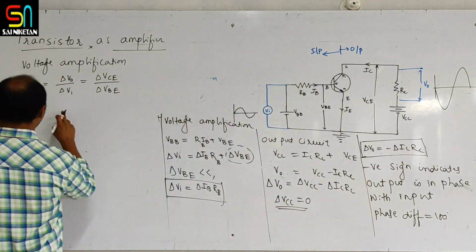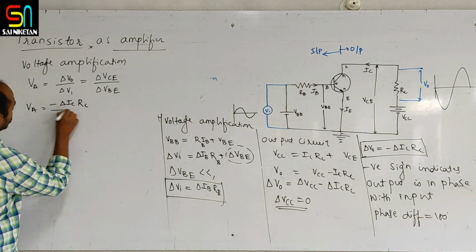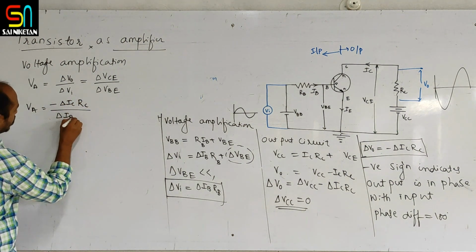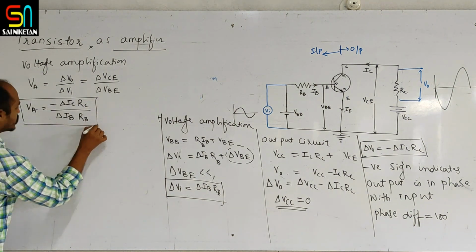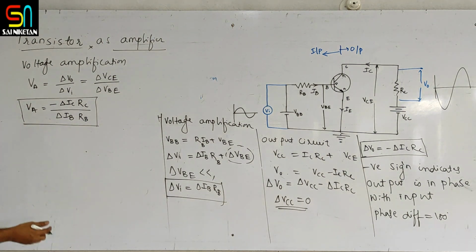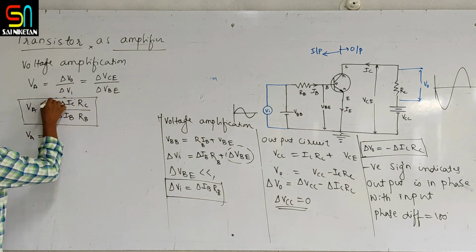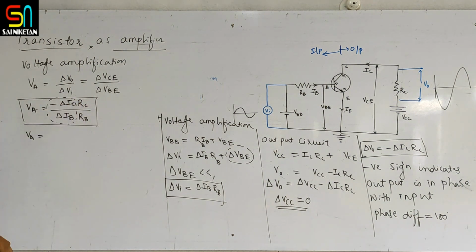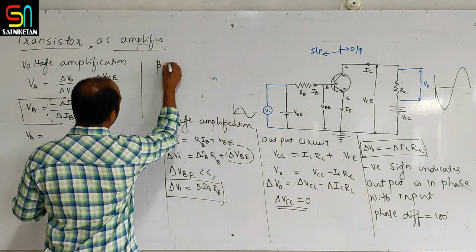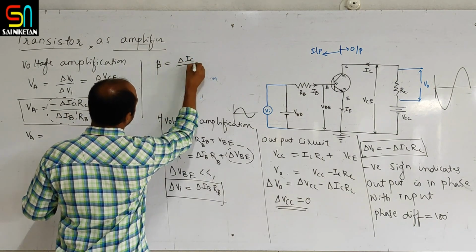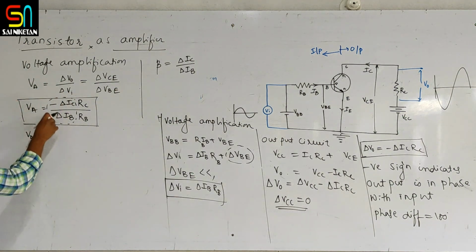So let us substitute: VA is equal to minus delta IC RC divided by delta IB RB. So this is the amplification factor for the voltage. You can also write it using the current amplification factor, that is beta, because beta is equal to delta IC divided by delta IB, output current divided by input current, hence this becomes beta.